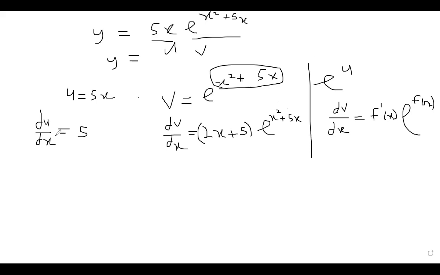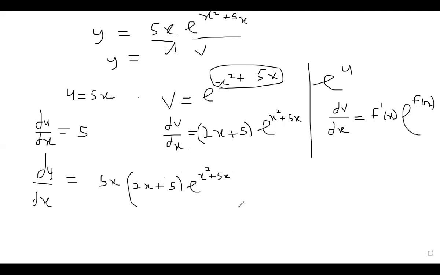So per the product rule, we have dy/dx will be equal to what? u dv/dx. So u is 5x. Then dv/dx is what? 2x plus 5 times e raised to the power x squared plus 5x.